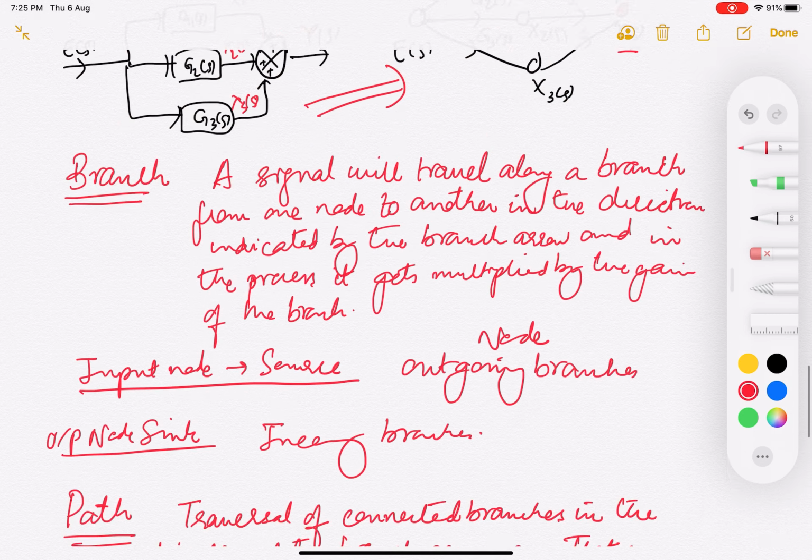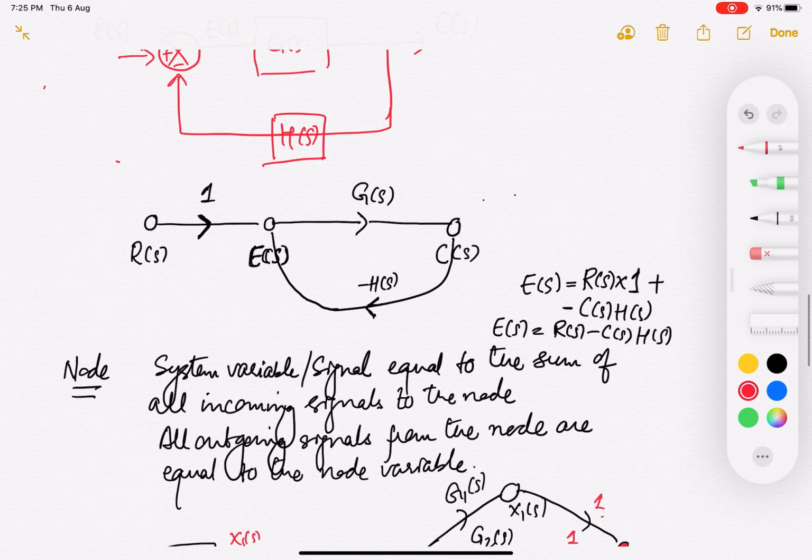So for example, in this case, this is a path. This cannot be a path like this because you're not traversing in the direction of the branch.